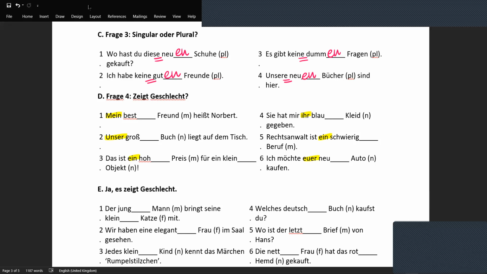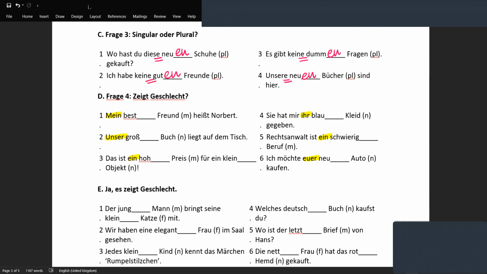Now, of course, in this exercise, it has been mentioned in the bracket, but if we did not have any of these indicators, there is no way you would have known, as a beginner, whether the noun is masculine or neutral. Now, if you compare this with the indefinite article, negative article, and the possessive article, when you compare the nominative masculine plus nominative neutral and accusative neutral, all these pretty much share the same article without any spelling change. So mein could be nominative masculine or nominative neutral or accusative neutral.